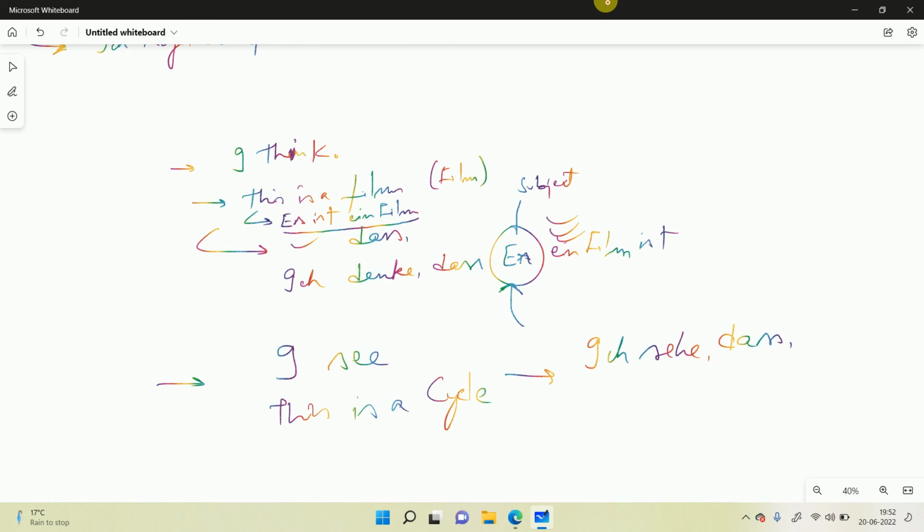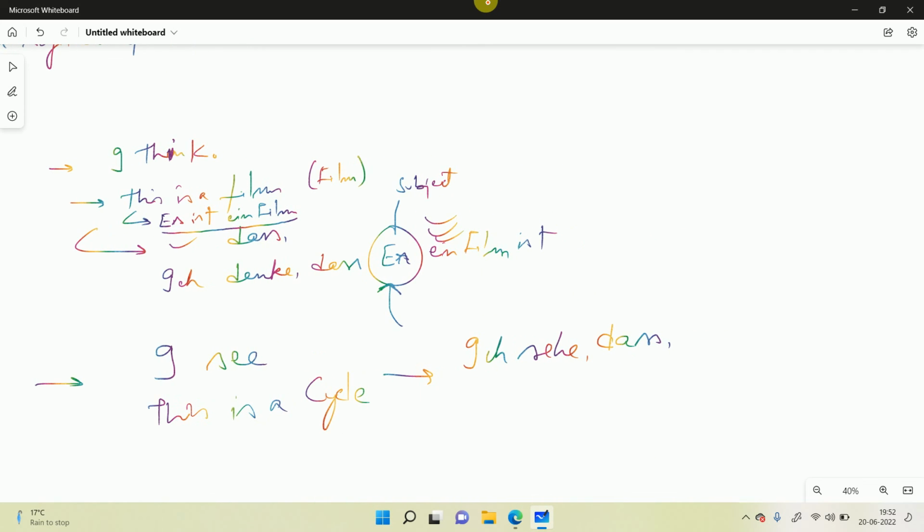Yeah, das ist ein Fahrrad. Remember, the verb will be thrown to the end.